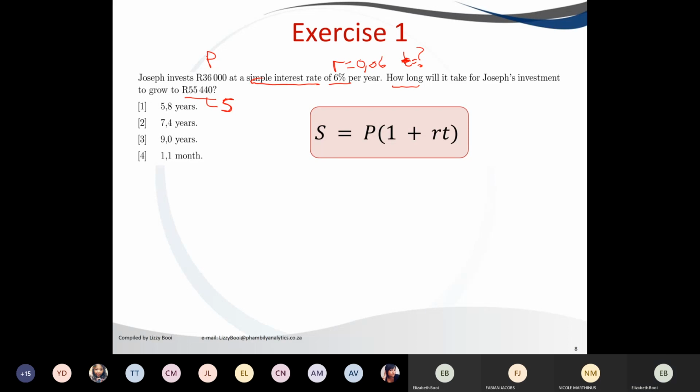Okay, I see a couple of you are already posting, so it means a couple of you have already done the exercise. So without wasting any time, let's help those who are not able to find the answer.